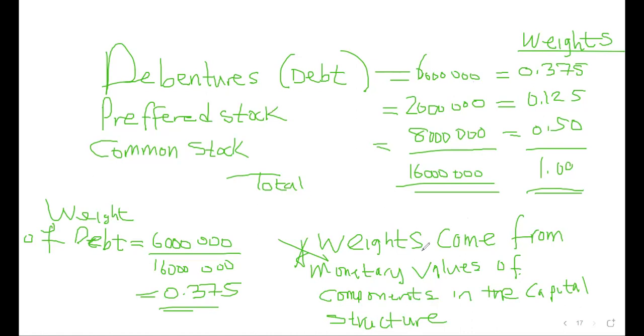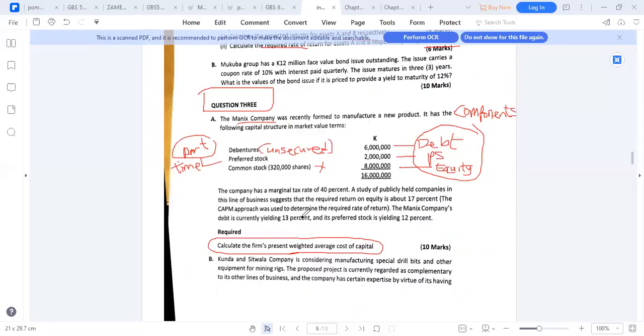Then getting down to the other thing from this one, we need to know what they have given us. The tax rate is 40%. Take note. Then the required return on equity is 17%. So here we are lucky, cost of equity was given as 17%. No need for us to go an extra mile.